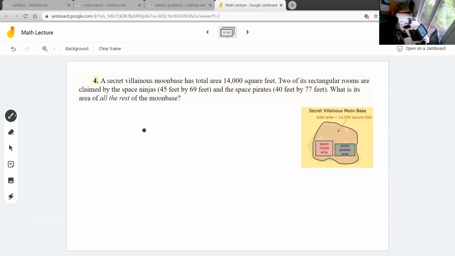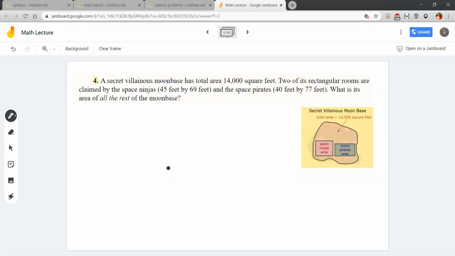Where should I start? Okay, so we're trying to figure out the area of this squiggly circle.